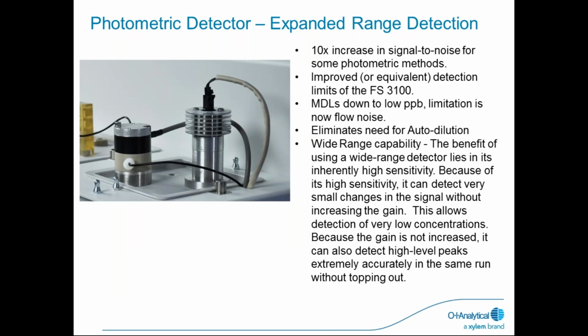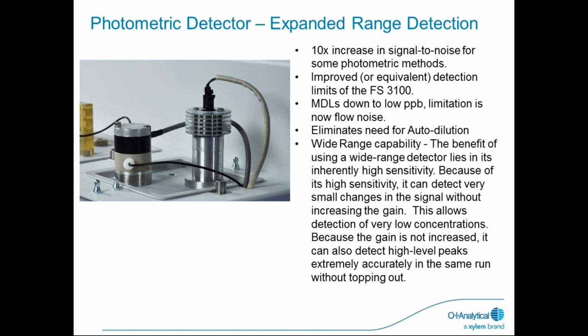With our photometric detector, it's the expanded range detector. It has a 10x increase in signal to noise for some photometric methods, improved equivalent detection limits from our prior model, the FS3700. It has lower MDLs down to low ppb, and the limitation is the flow noise. With our detector, it does eliminate the need for auto dilution.